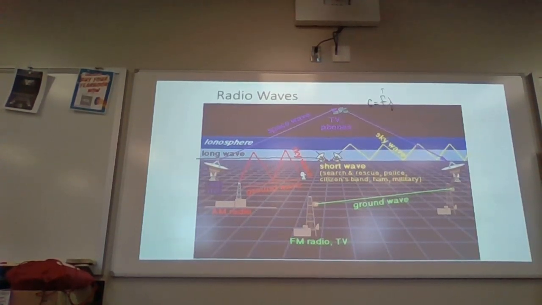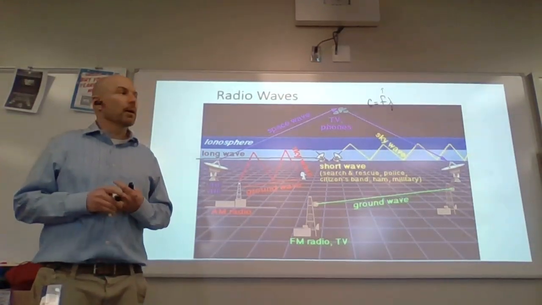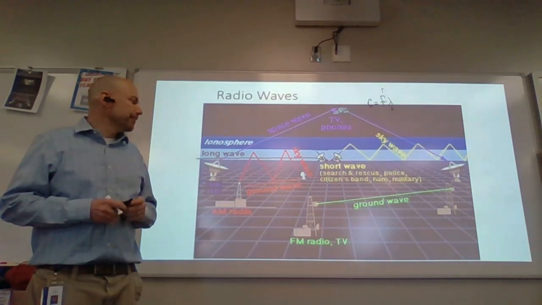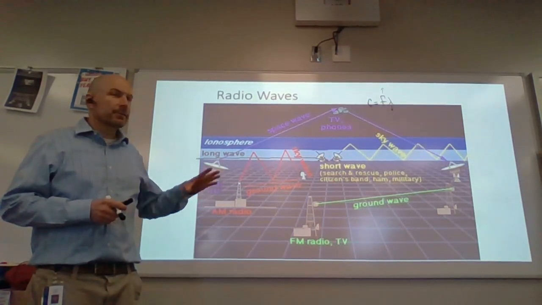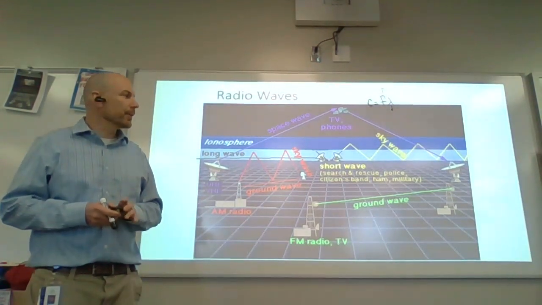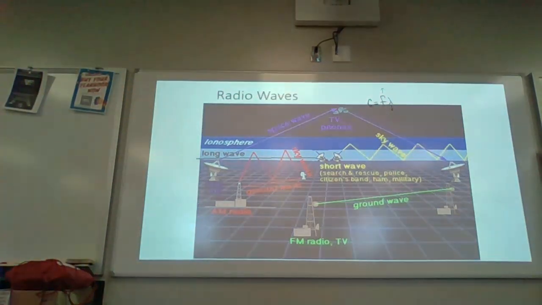AM has a lower frequency, longer wavelength than FM. Then you have XM. You have different military uses of this. TV signals are in the radio wave category. Talking to satellites, that type of stuff. All that stuff is in the radio wave category.